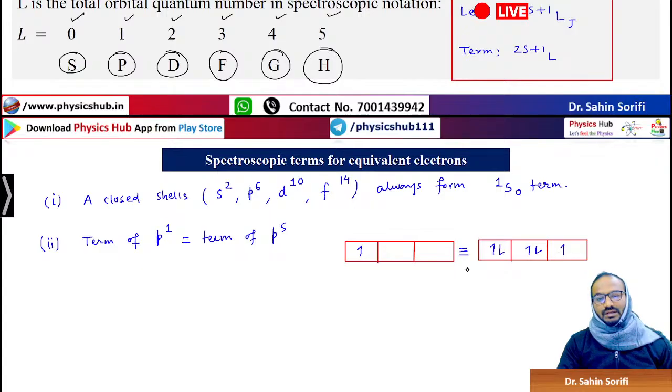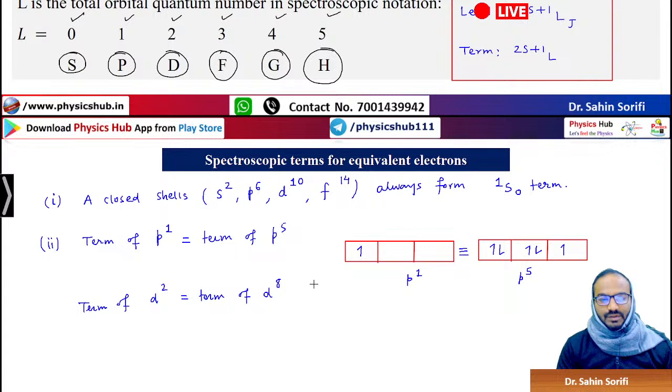This is for p1, this is for p5. So these two are equivalent. In a similar fashion, if you want to write the term of d2, the term of d2 will be equal to the term of d8.